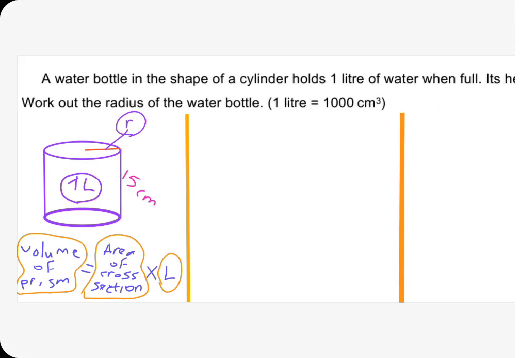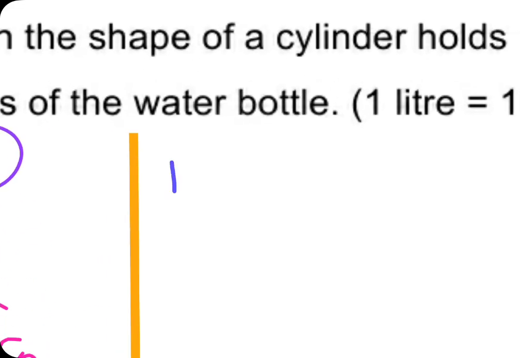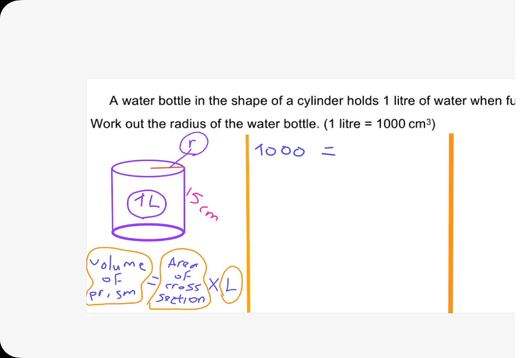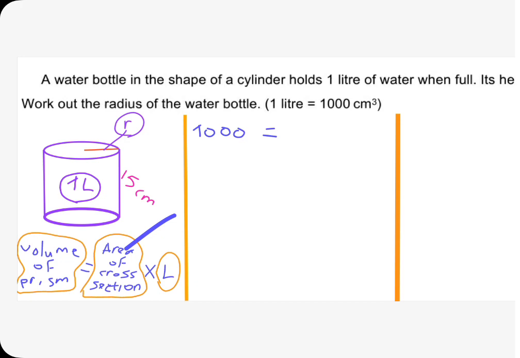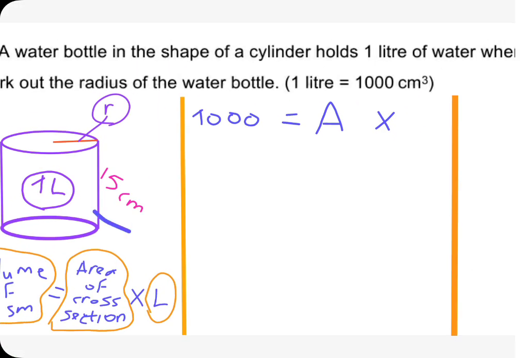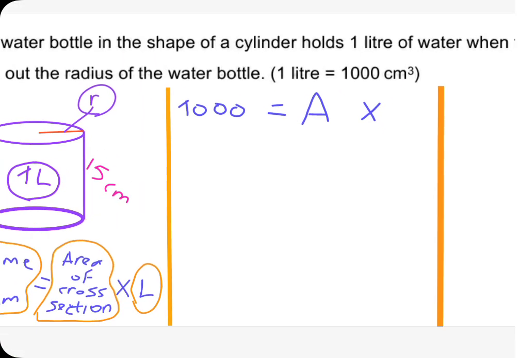Now the volume of the prism is 1 liter, so it's 1000 centimeters cube. So we write 1000 here equals the area of the cross section, which we don't know, we will call it A, and then multiplied by the length of the prism, which is 15 centimeters. We will write 15.